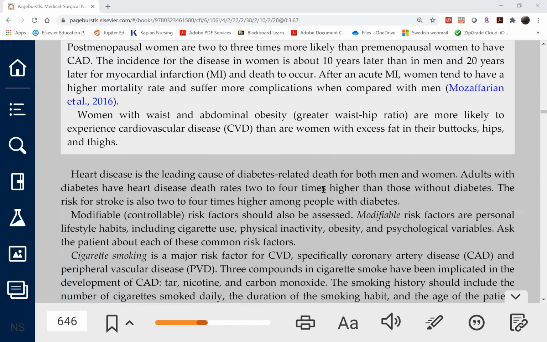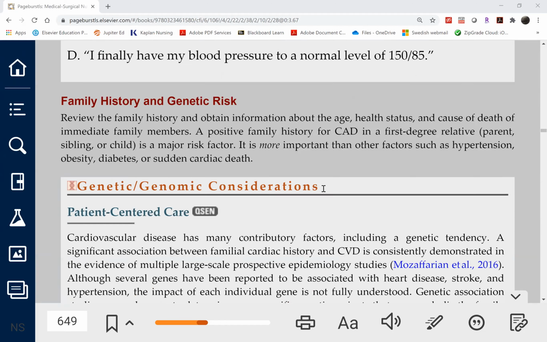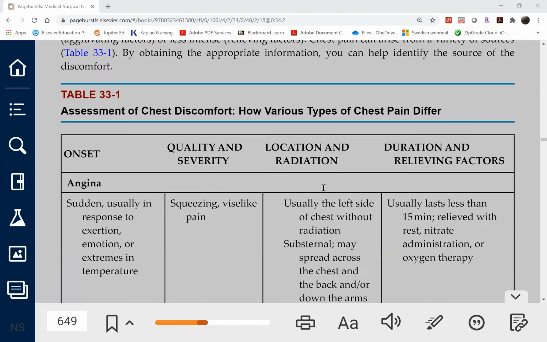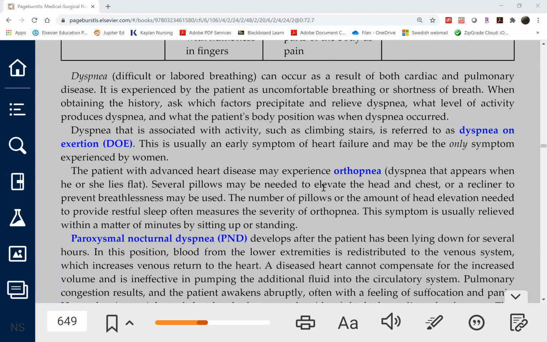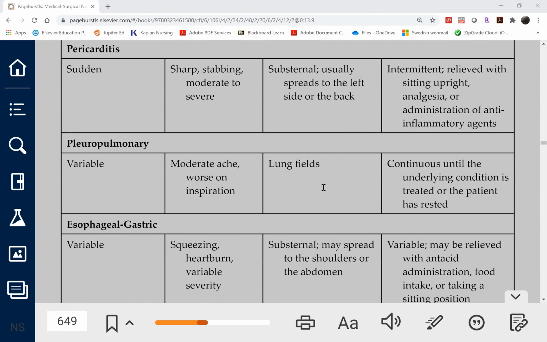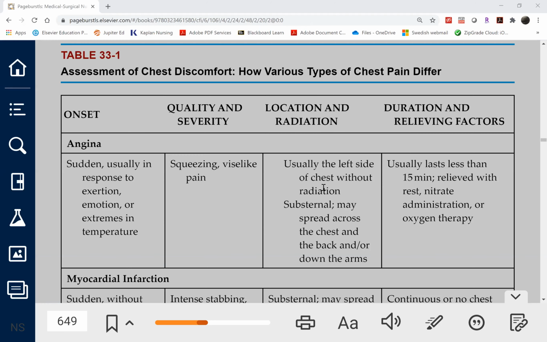Let's go to the compensatory mechanisms now. We discussed them already in chapter 11, but we need to look at them in the context of heart disease now. Some of the common problems, because any cardiac problem results in decreased perfusion.